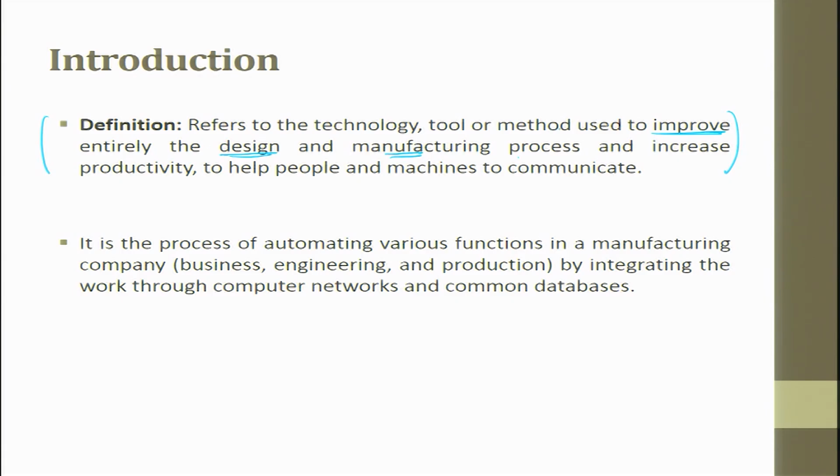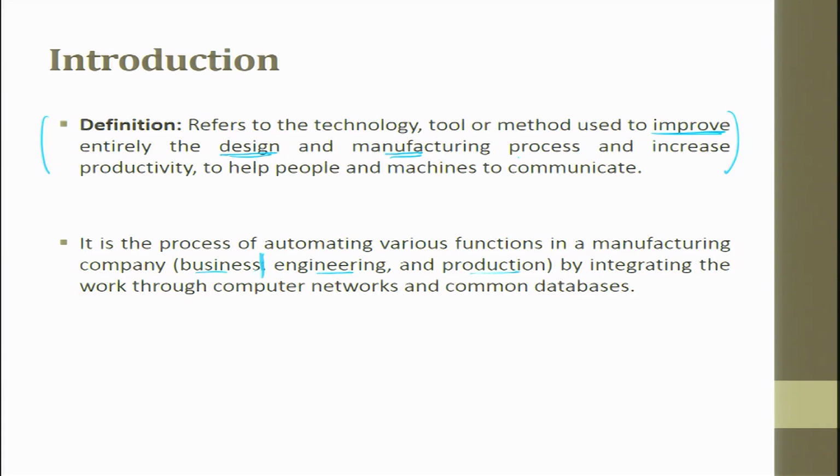So, the method is used to improve entirely the design and manufacturing process and increase productivity. The design cycle time is reduced drastically when you start using computers, and it helps people and machines to communicate in a standard and the best fashion. It is the process of automating various functions in a manufacturing company like business, engineering and production.